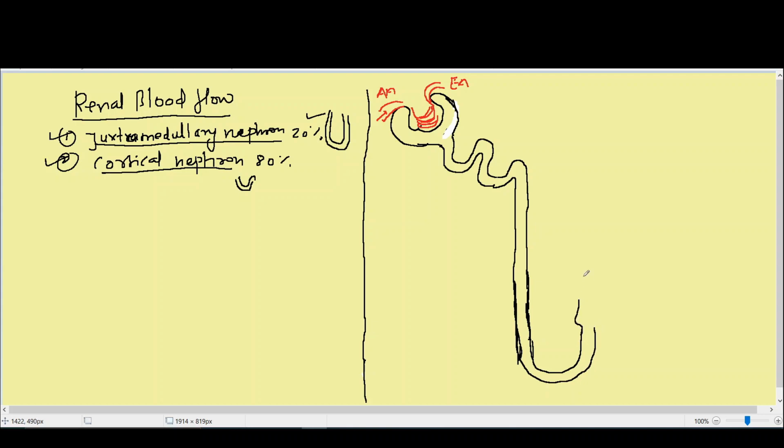The thickness of the loop of Henle increases. So we have a thin loop of Henle when it is descending, and once it becomes ascending, the loop of Henle becomes thick, okay.